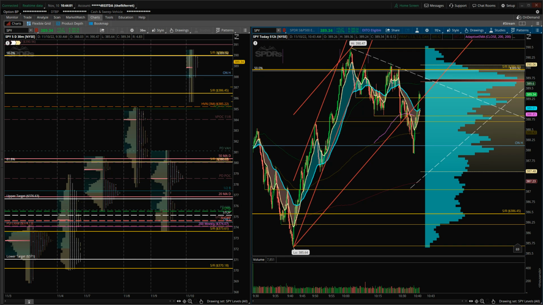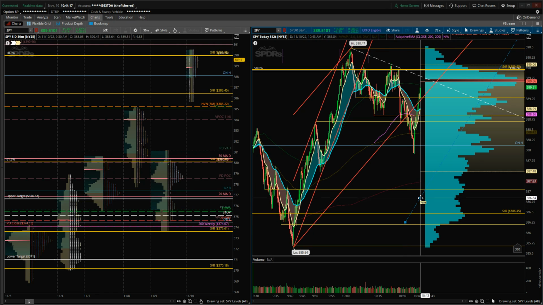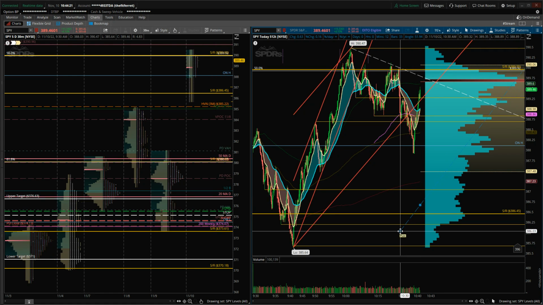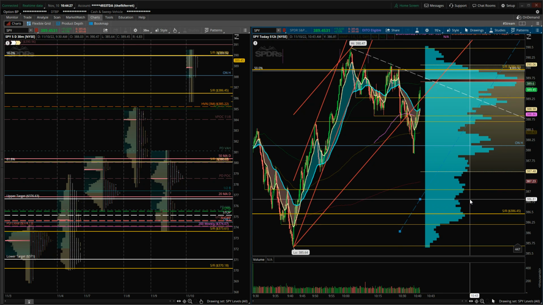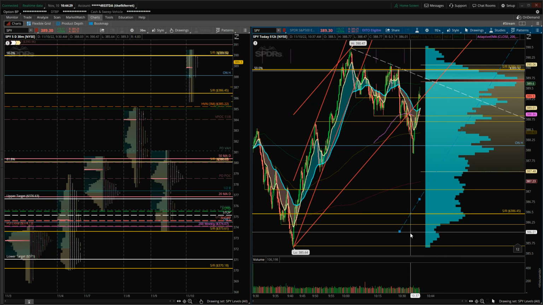Here, we're going to go to the other computer. It might be easier to set it up because I have to put these points outside of the volume profile, but I want to show you what I'm talking about. That's so dumb that I can't draw on the volume profile.